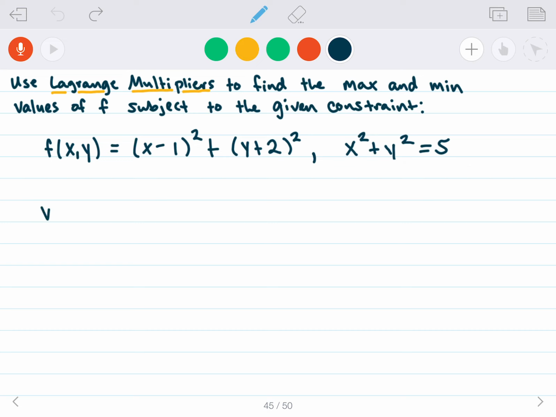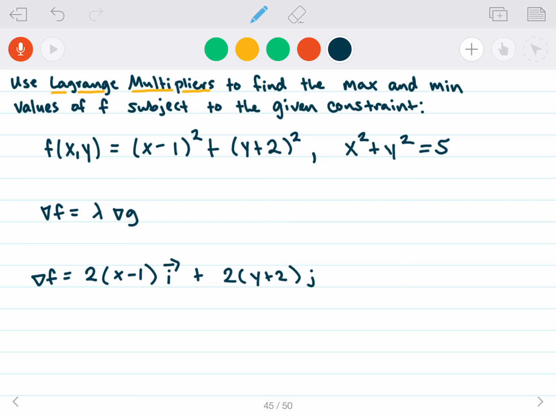So we have gradient f equals lambda gradient g. Okay, so the gradient of f, and I'm going to do these pretty quickly just because we've done plenty of practice with finding the gradients. Gradient of f is going to be 2 times x minus 1 i plus 2 times y plus 2 j.